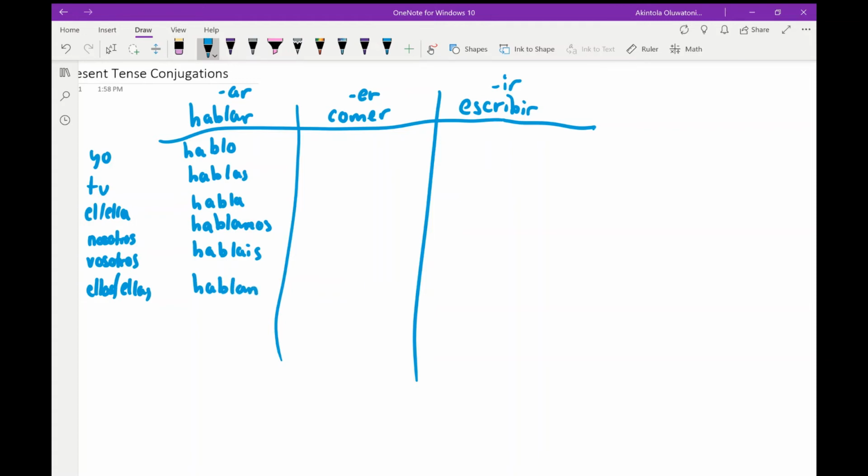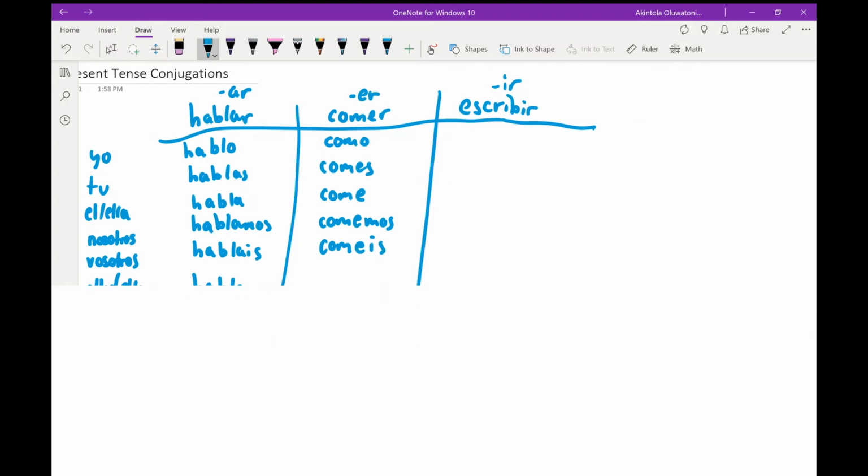Now for comer. Comer, yo como, tú comes. Él, ella come. Nosotros comemos. Vosotros coméis. Ellos, ellas comen.